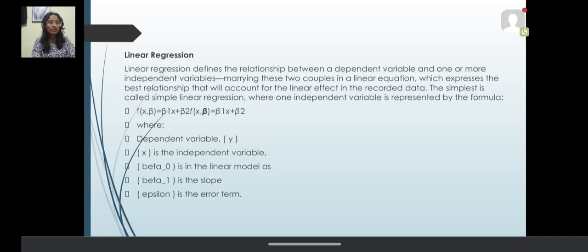The simplest is called simple linear regression, where one independent variable is represented by the formula f of x comma beta is equal to beta 1 x plus beta 2, where the dependent variable is y and the independent variable is x. Beta 0 is the intercept in the linear model, beta 1 is the slope, and epsilon is the error term.